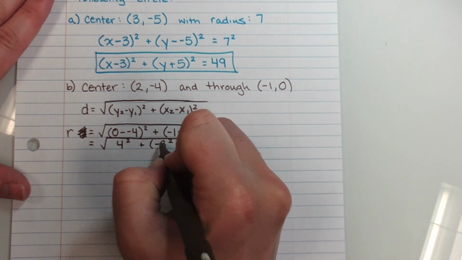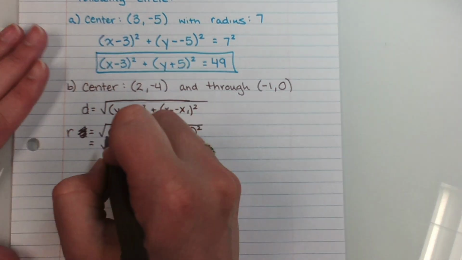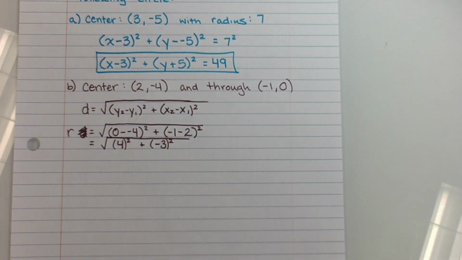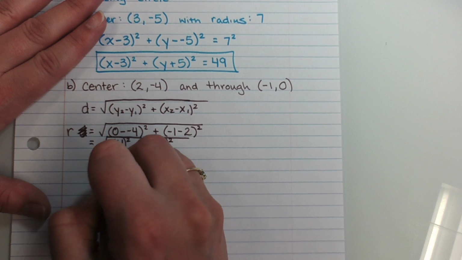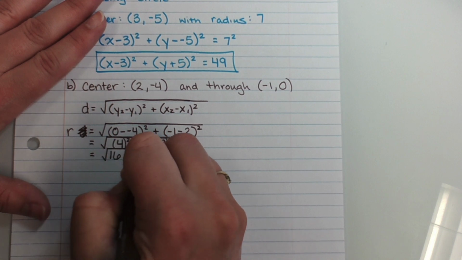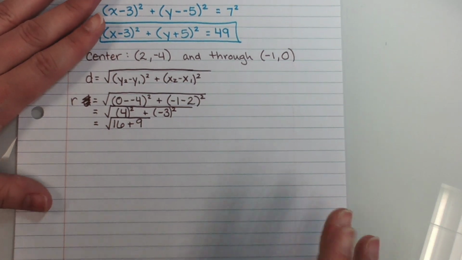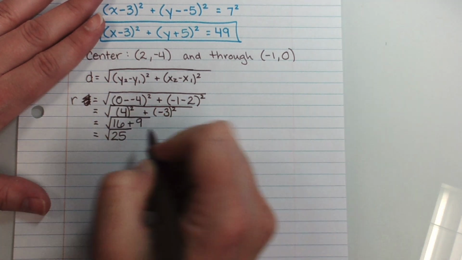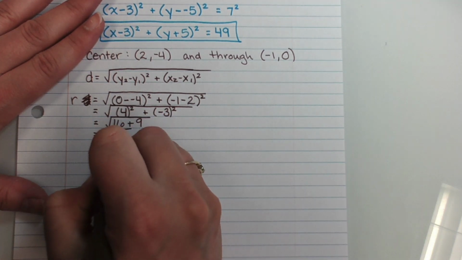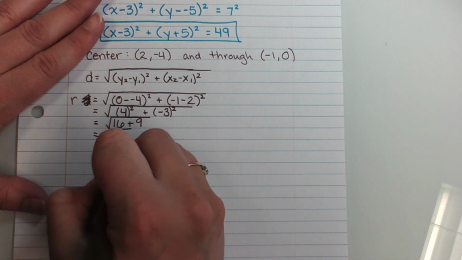Need parentheses around the negative 3. Technically, you can put it around the 4. It doesn't hurt. But remember, PEMDAS doesn't get rid of the parentheses until you've taken care of the squared. 4 squared is 16. Negative 3 squared is a positive 9. That's why we needed the parentheses. Add those together, I get 25. Radius is 5.